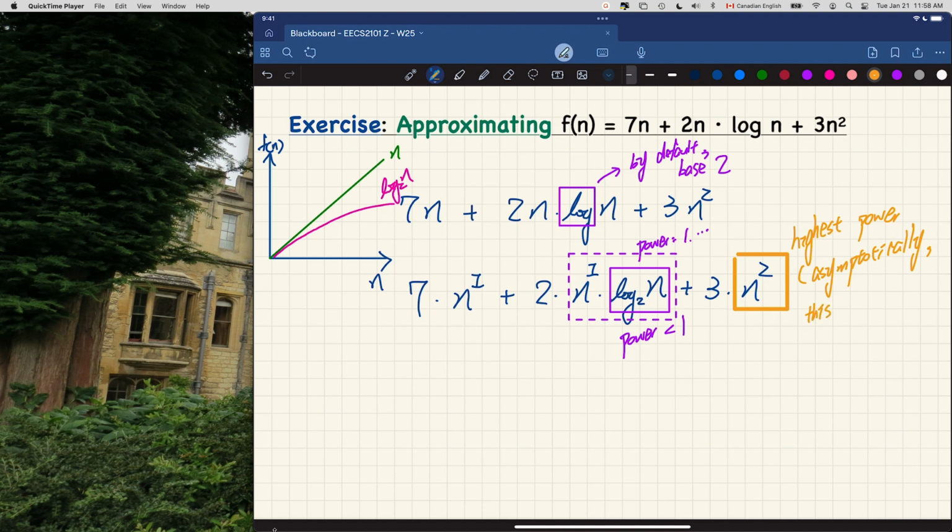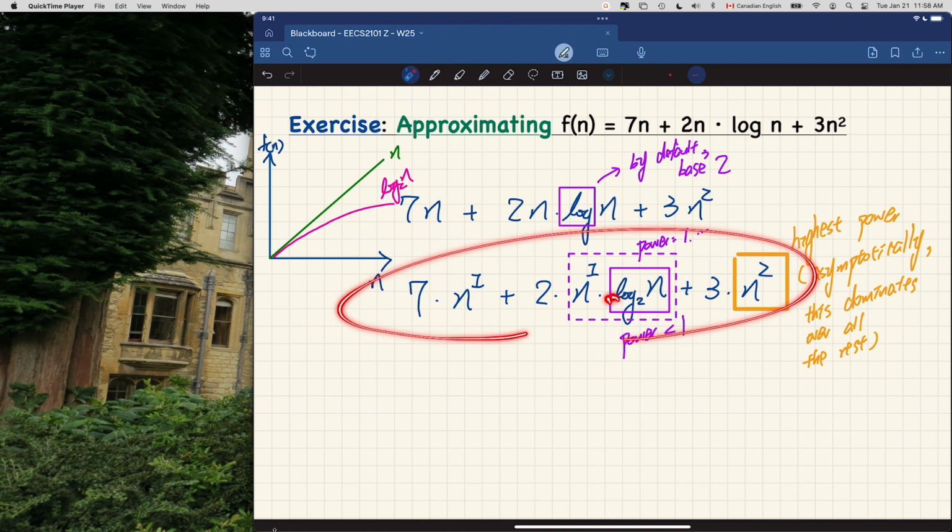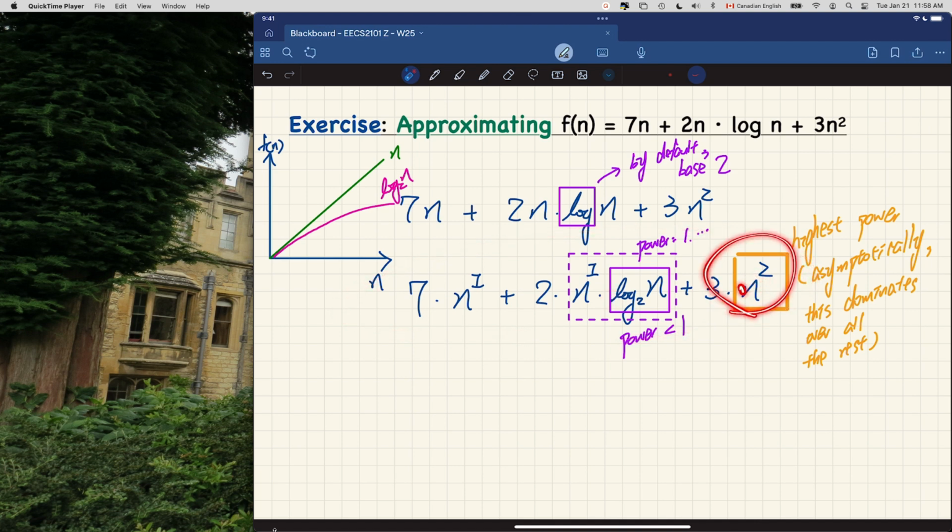This term dominates over all the rest. Intuitively, if you want to observe the rate of growth of the running time of the whole thing, it will be enough just to observe how the highest power grows, because that one is going to dominate all the growth.